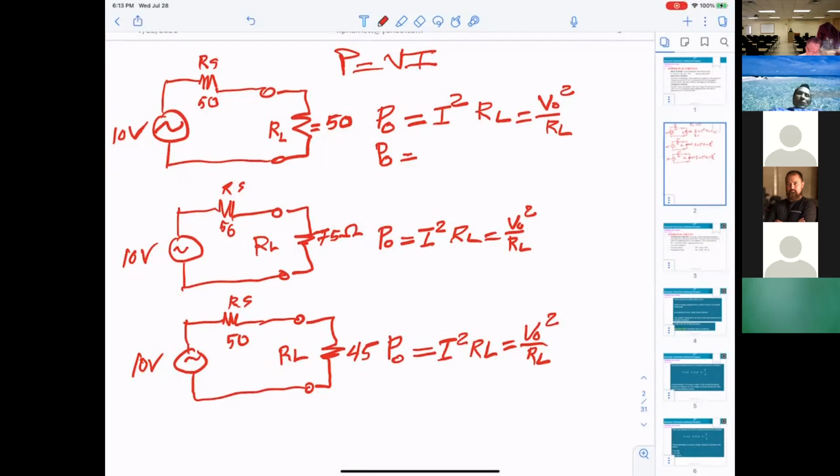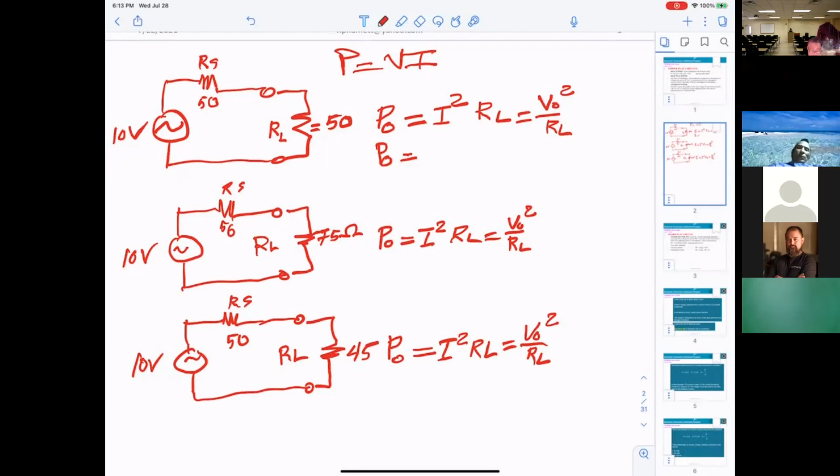Mr. Pham, question. In these circuits, you said the RS is the resistance of the generator. So in these calculations, are we to ignore the resistance? No, you cannot ignore. That's the output resistance of the generator.